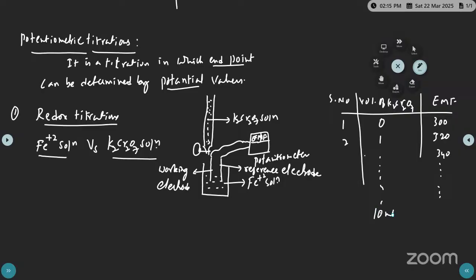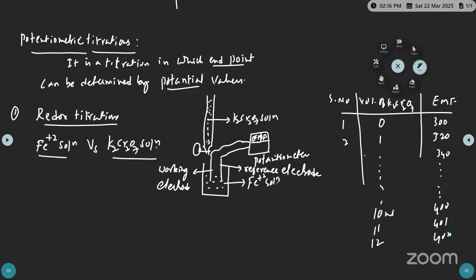Say it is 400 volts at the 11th ml. At the 11th ml the EMF values are nearly constant, meaning 401, like that 402, so they increase gradually and slowly.